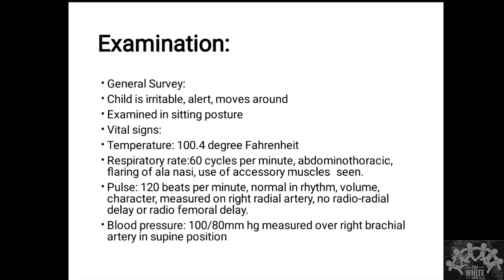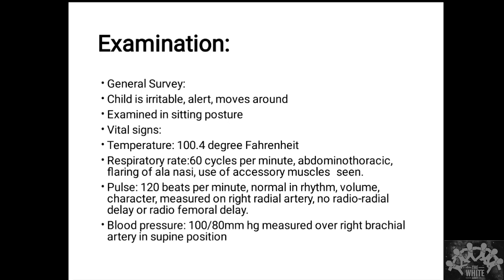Okay, continue. So, what is your interpretation of the vitals? Is it a stable child or an unstable child? Ma'am, there is an increase in temperature, so there is fever, and there is increased respiratory rate. Can you tell the cutoff for respiratory rate according to age? Yes, ma'am.